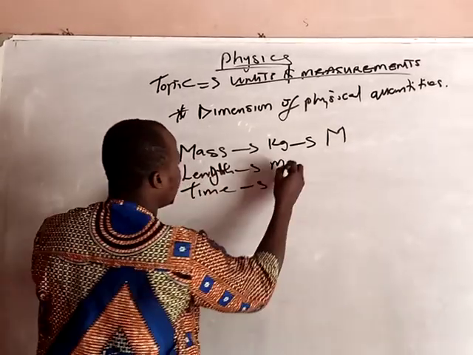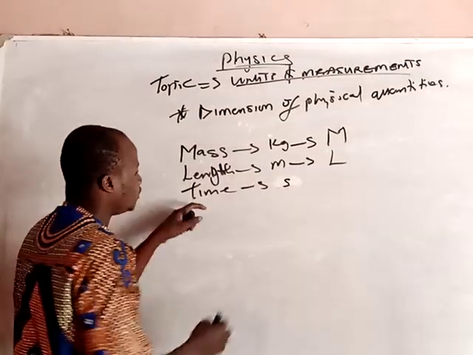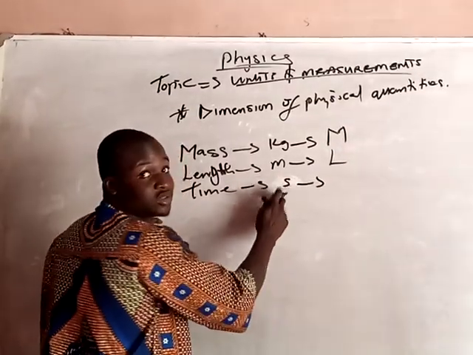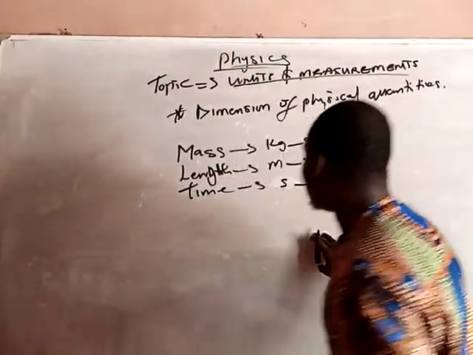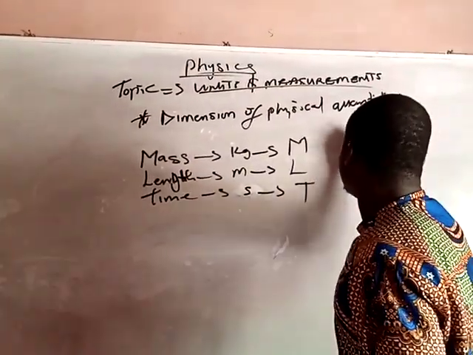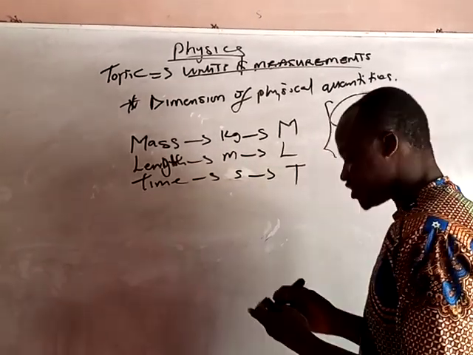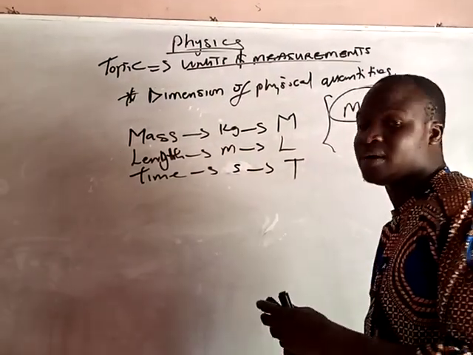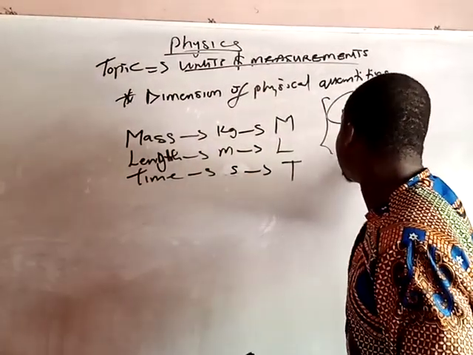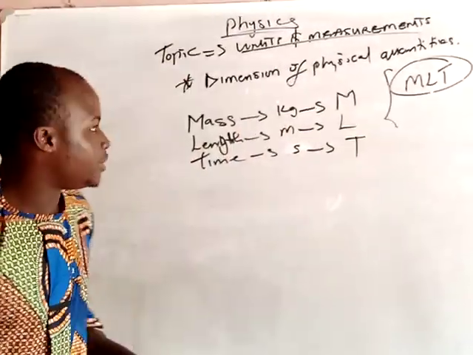Wherever you see meter, it's represented by L. Wherever you see seconds, it's represented by capital T. So dimension of physical quantities makes use of M, L, T. If you are talking about dimension, mass, length, and time are the ingredients of dimensions.